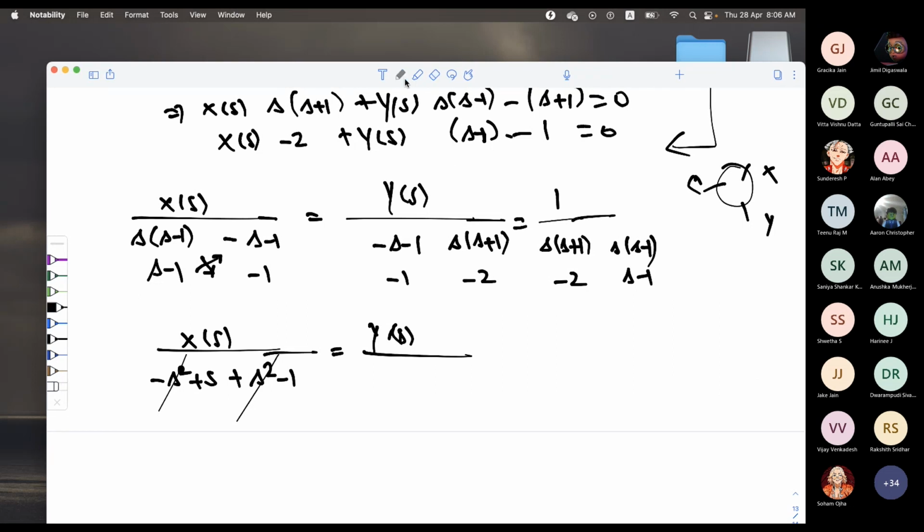So the y of s part: positive 2s, positive 2, and here minus into minus is plus, so positive s square, and this will be positive s, right? Positive s.